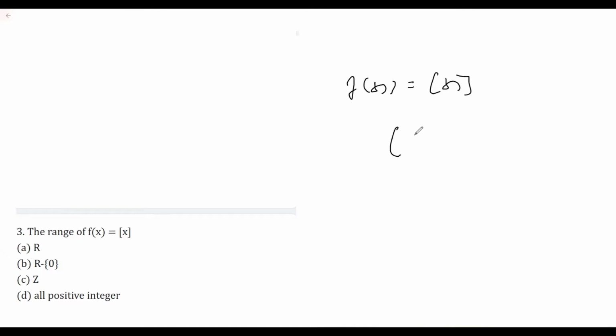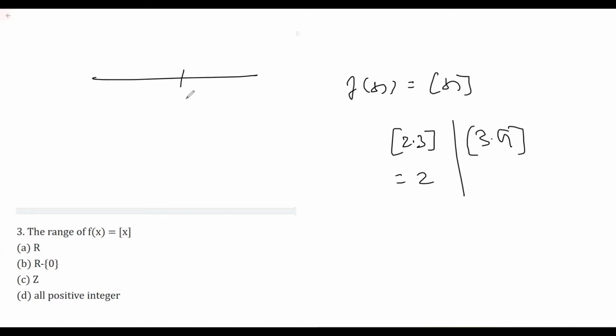What you know is that if I plug in any value, let's say 2.3, then the greatest integer is 2. If I take 2.9 or say 3.9, what is it? So how do we do it actually? We think of a number line, then we look for 3.9, and we look for all integers preceding it, like 3, 2, 1, 0.